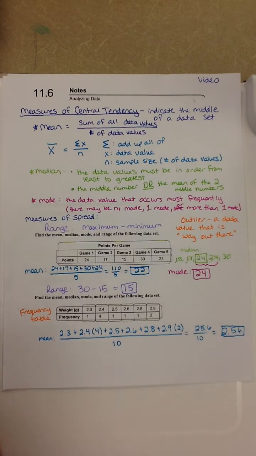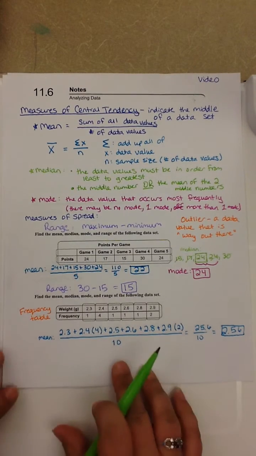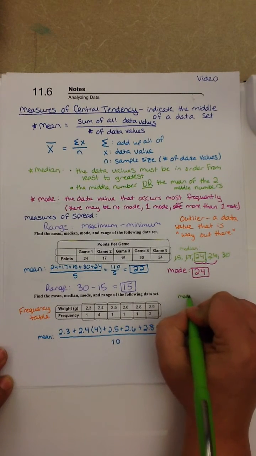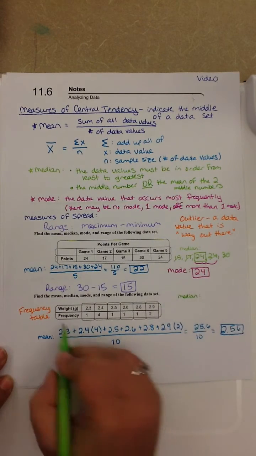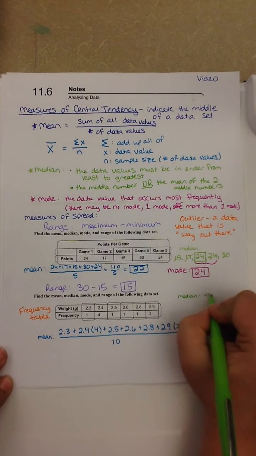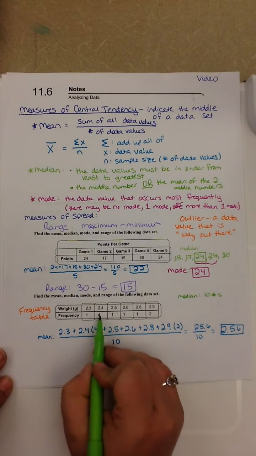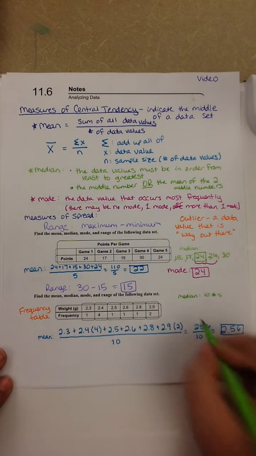Okay. Mean, next median. So the median needs to be the middle number. Well, I know from my frequency that I have 10 numbers, and that came from this frequency line. 1, 4, 1, 1, 1, 2 gives me 10.